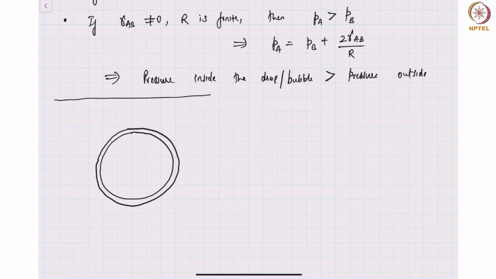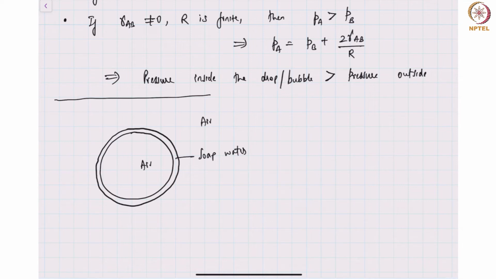Excuse my drawing, but I'm showing that the thickness is quite exaggerated. But what you have in a soap bubble, you have air inside, air outside, and you have soap water. This is a soap bubble in the air, and this is commonly made by little children. It's amusing to children. One of the most amusing things to children is that these soap bubbles, they pop.